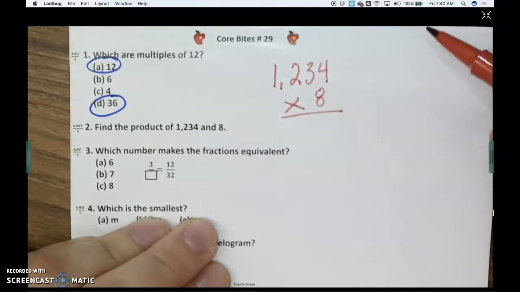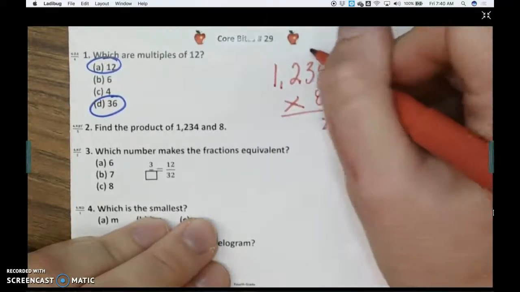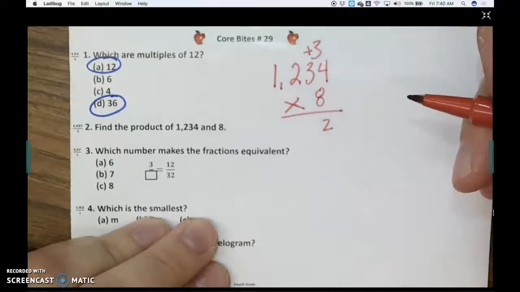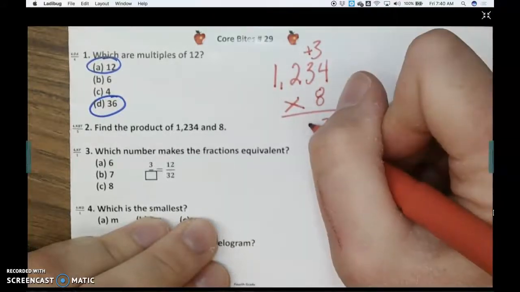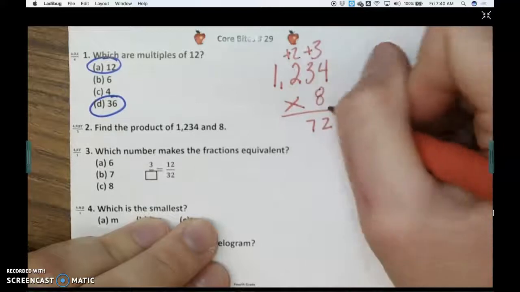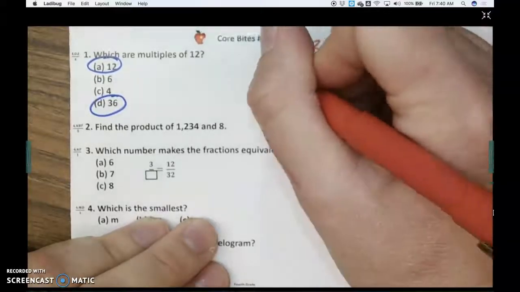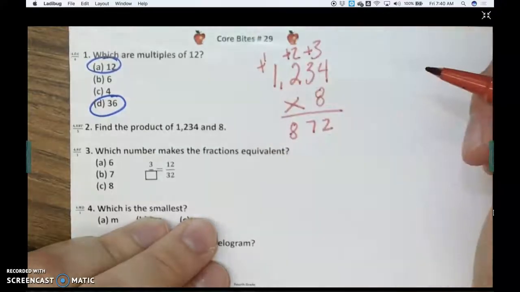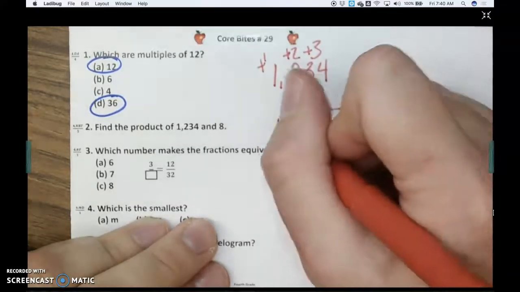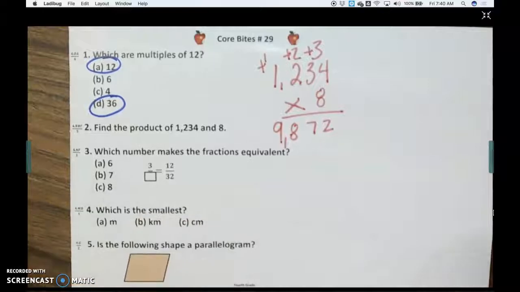So 8 times 4 would give you 32. 8 times 3 is 24, plus 3 would give you 27. 8 times 2 is 16, plus 2 is 18. And then 8 times 1 is 8, plus 1 would give you 9. So your answer would be 9,872.